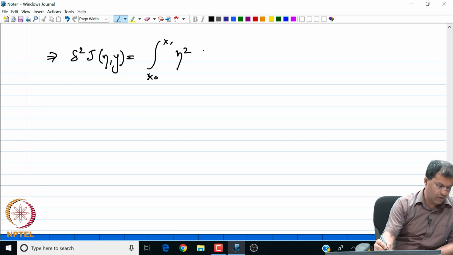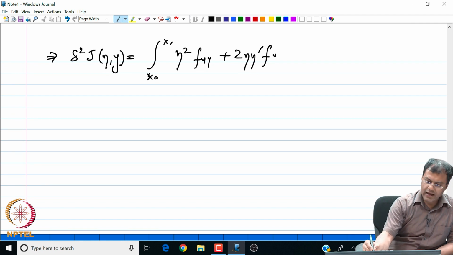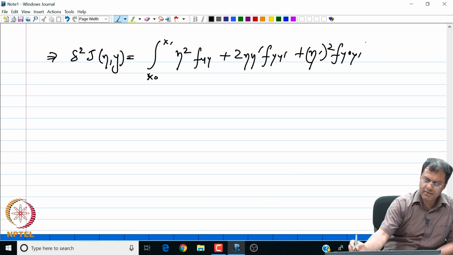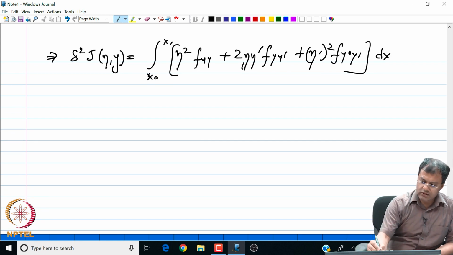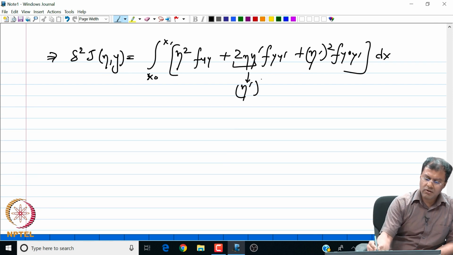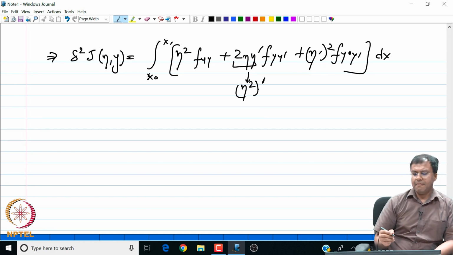Notice the way I write it: eta square f y y plus 2 eta eta prime f y y prime plus eta prime square f y prime y prime, times dx. Notice that this whole quantity is nothing but the derivative of eta square, eta square prime.